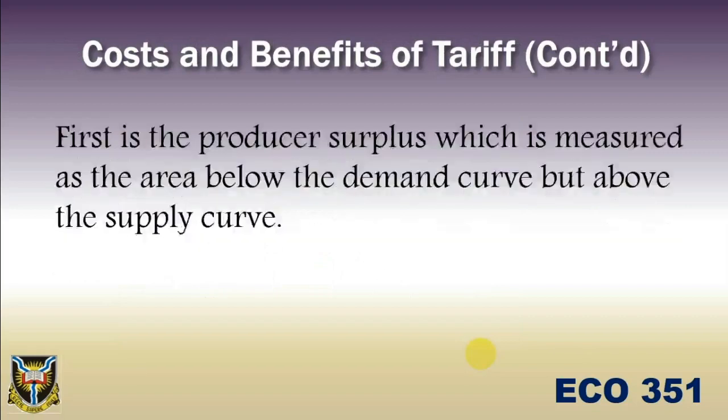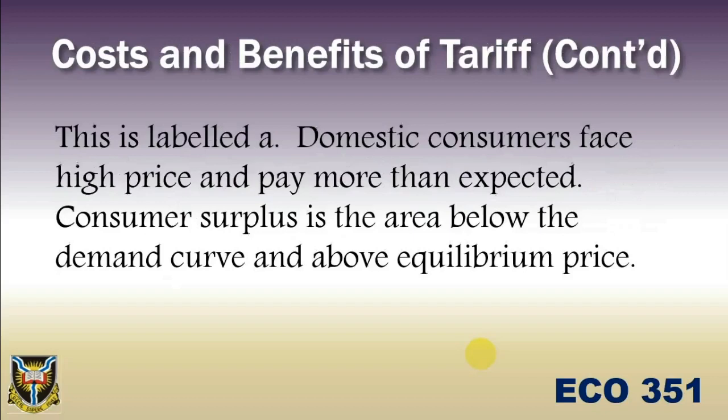First is the producer surplus, which is measured at the area below the price line but above the supply curve. This is labeled A. Domestic consumers face high price and pay more than expected. Consumer surplus is the area below the demand curve and above the equilibrium price.